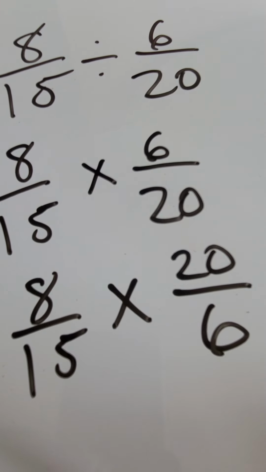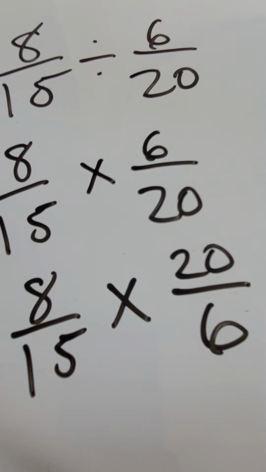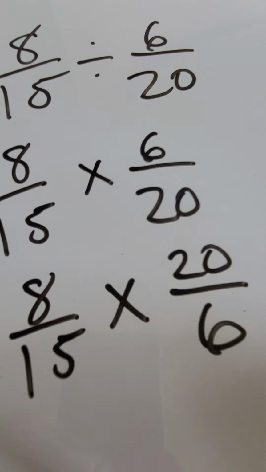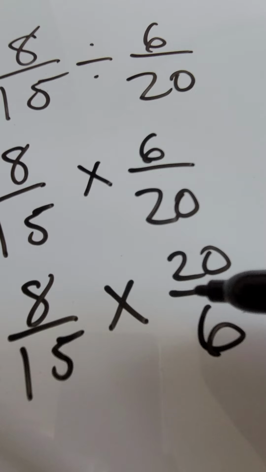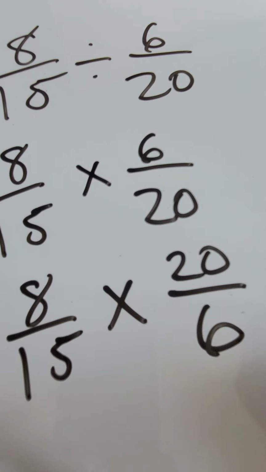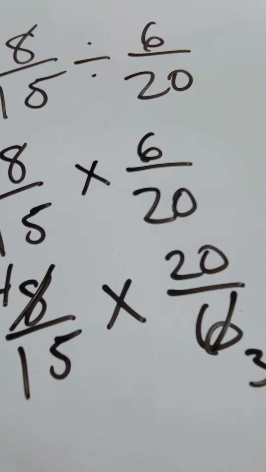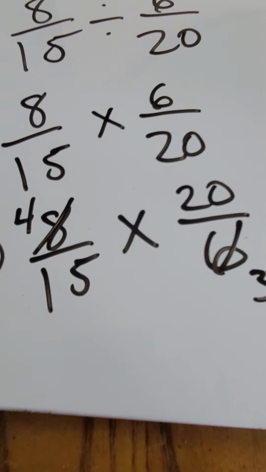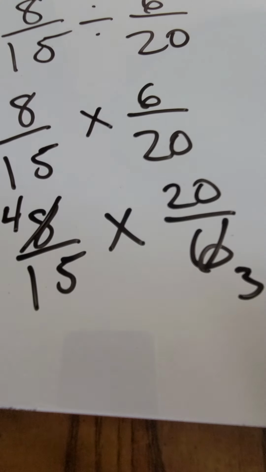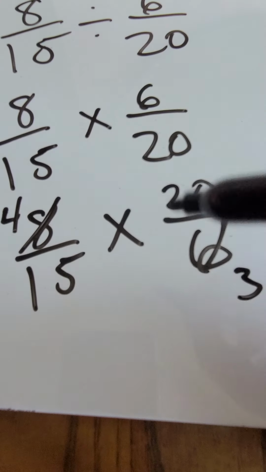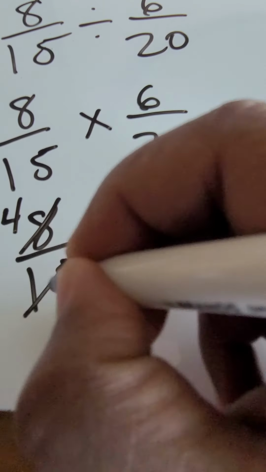Now, these numbers are pretty big, so let's simplify. Let's start with the 8. We have 8 and 6, both divisible by 2, so we can make this 4, we can make this 3. Now we have 15 and 20, both divisible by 5.